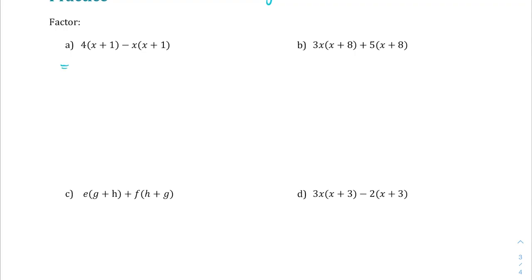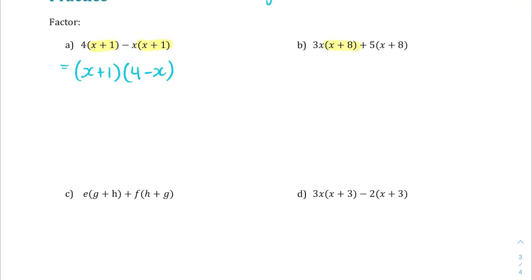We have 4(x + 1) minus x(x + 1). So we're going to apply factoring by grouping. The x plus 1 term. And what do we need to multiply to get back our terms? 4 minus x. Okay, let's try this again.